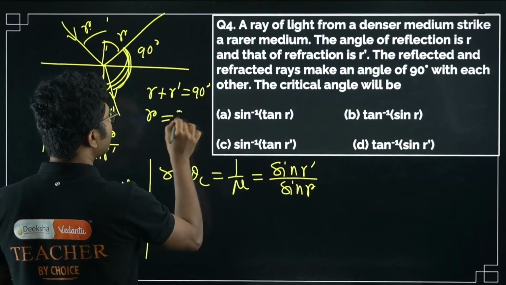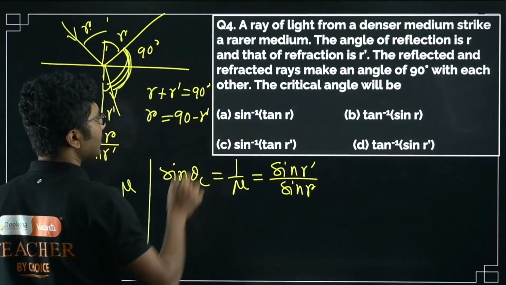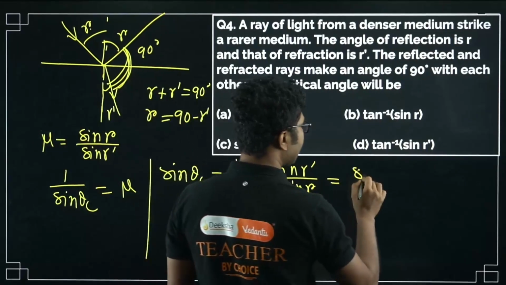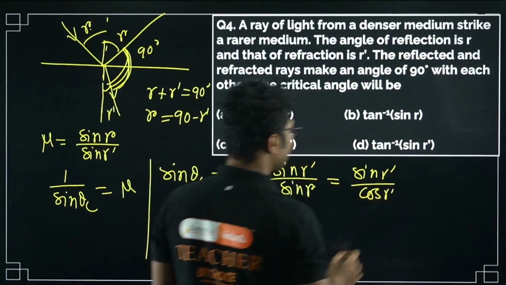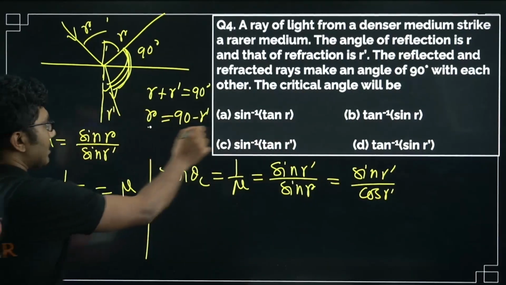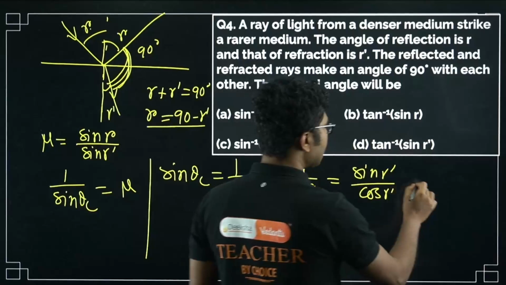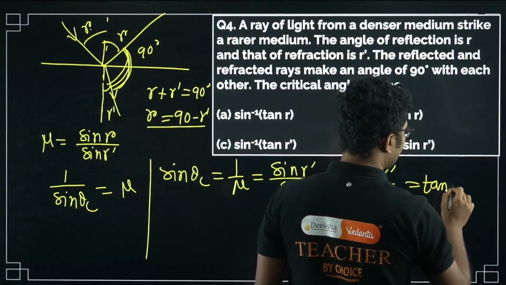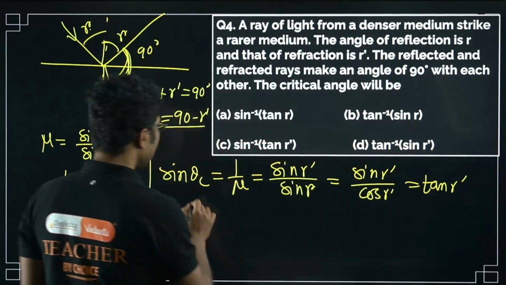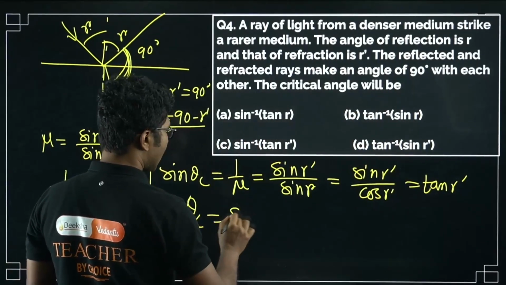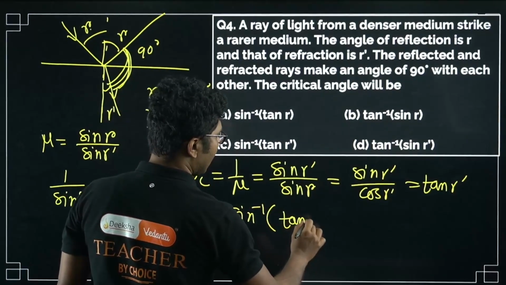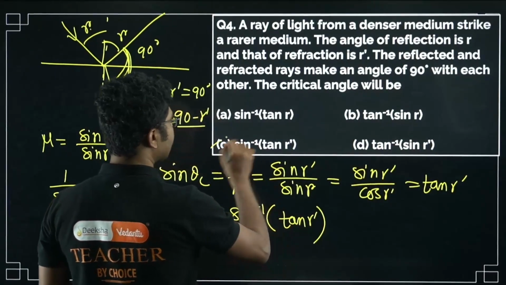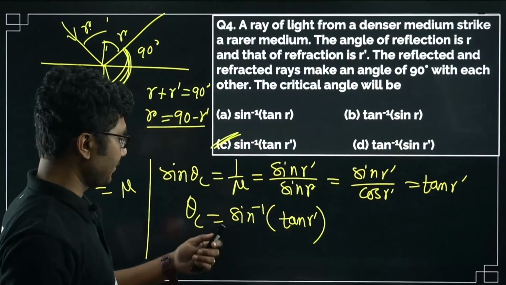So r equals 90 minus r dash. So basically you get sine r dash divided by cos r dash, since it is a complementary angle, so you can substitute this. Or it is tan r dash, or theta c equals sine inverse of tan r dash. So this is the answer, sine inverse tan r dash.